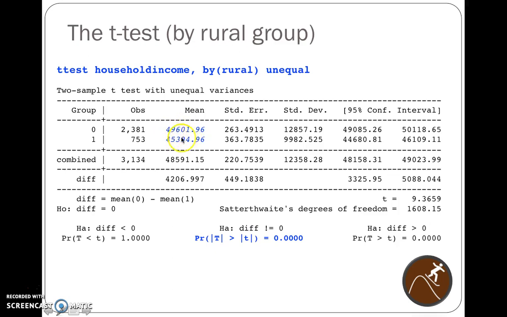And according to the t-test, there is a statistically significant difference at the alpha equals 0.05 level. So yes, these are statistically different. P is less than 0.05. So yes, there is a significant difference between group 1 and group 0, or heavy rural versus the non-heavy rural.